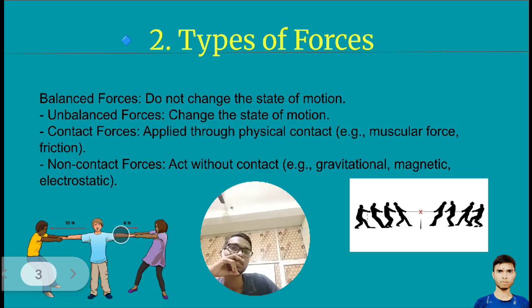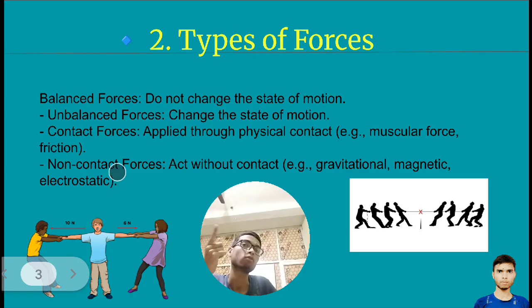That's why she will come this side. So remember, in the case of pulling, the side which has more newtons will be able to pull. Clear?